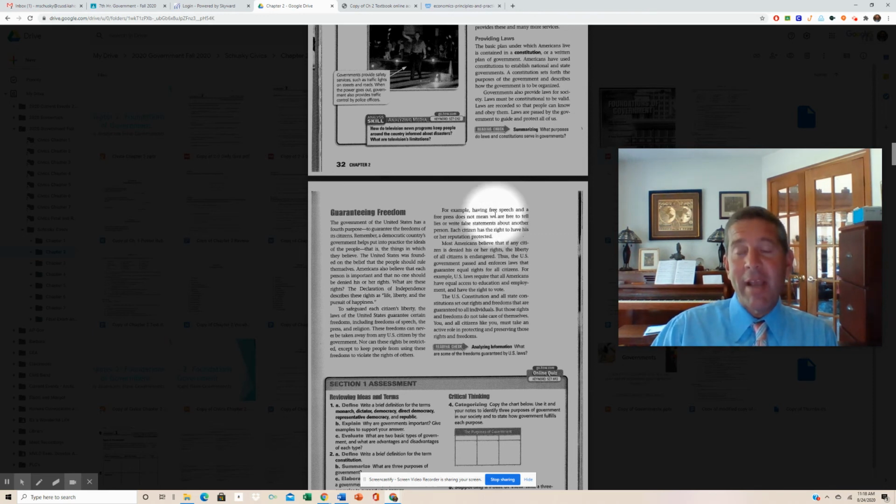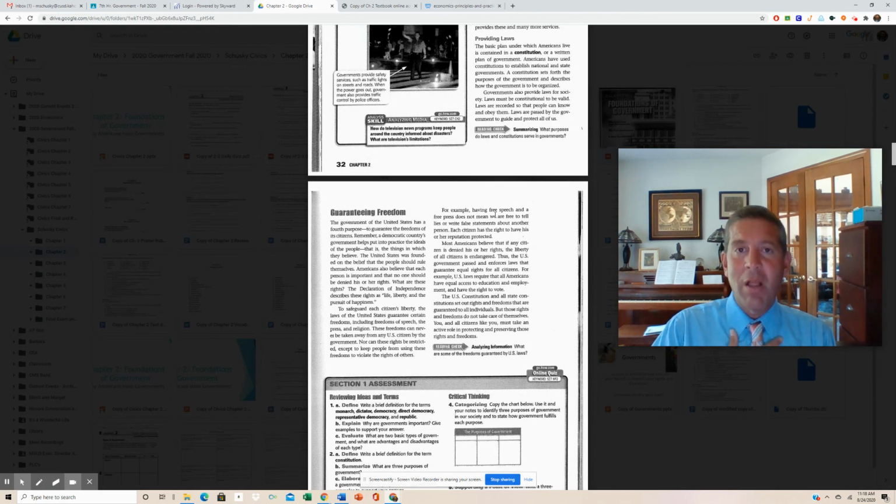So, we can say we have free speech, but if every time I stand on the street corner and say, this is what I believe in, I kept getting punched in the nose by someone who disagreed with me, then my free speech would mean very little. But if a police officer would come and arrest the person punching me and guarantee my free speech, well, the government is helping me protect my rights to free speech. And so that is something else government can do.